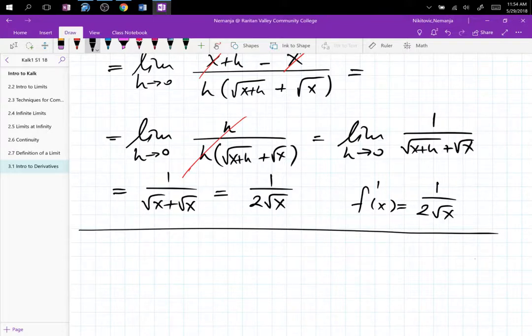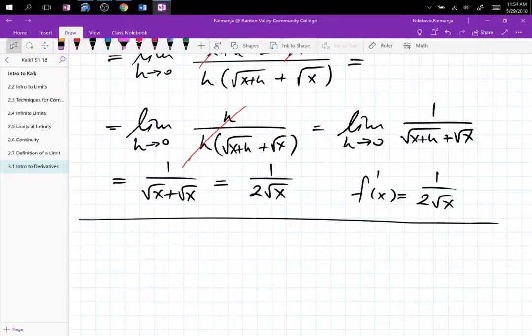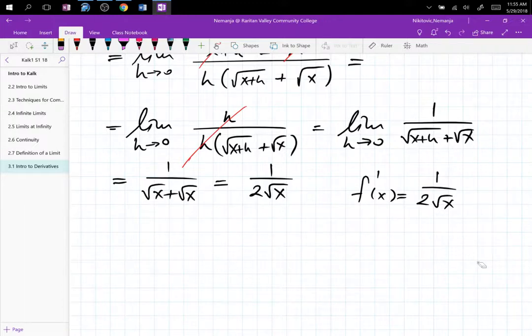What is the slope of the tangent line at 9? Very good. All right, if x is equal to 9, then it's 1 over 6, right, for the slope. So, m tangent equals question mark at x equals to 9.